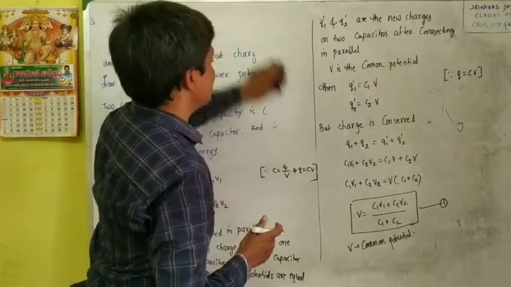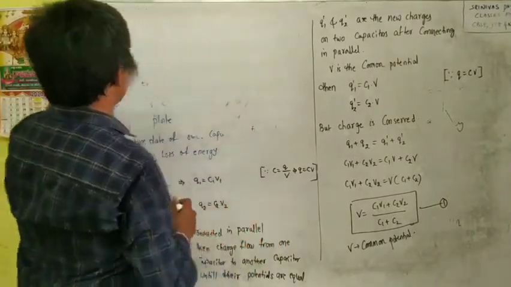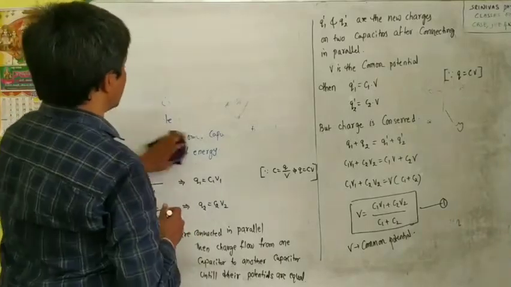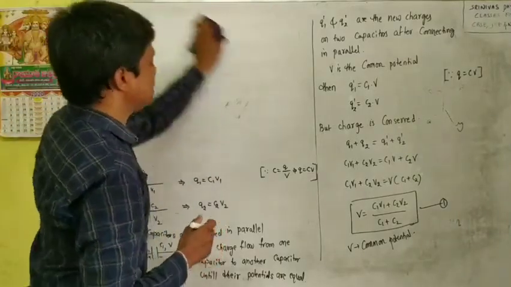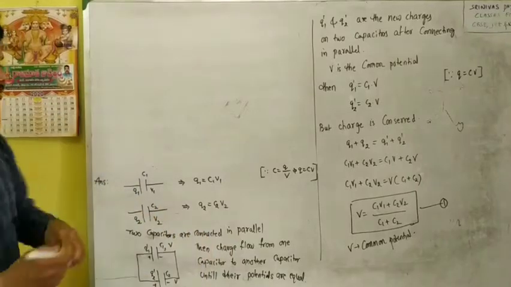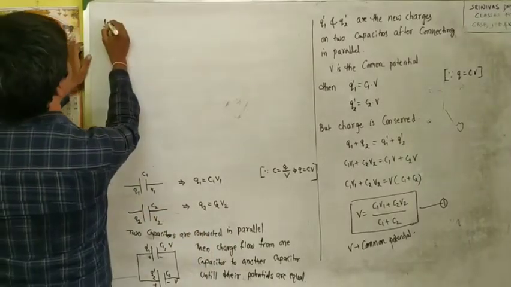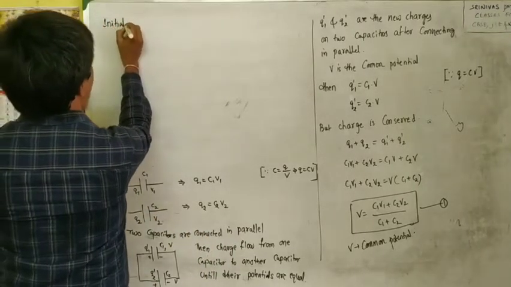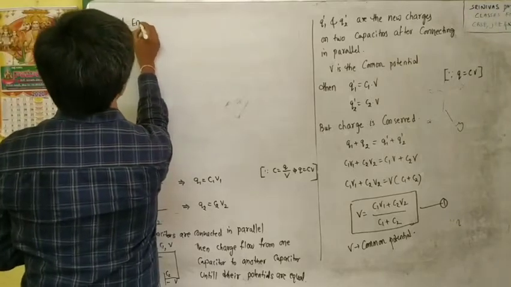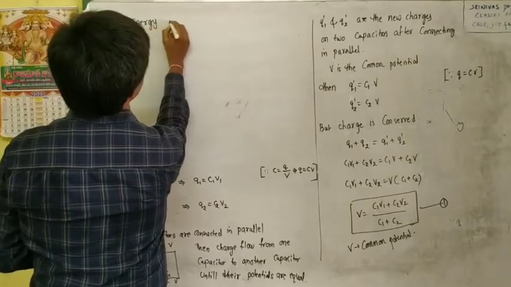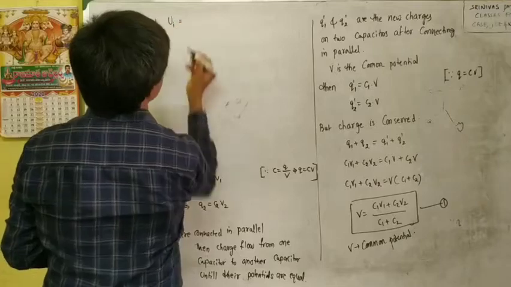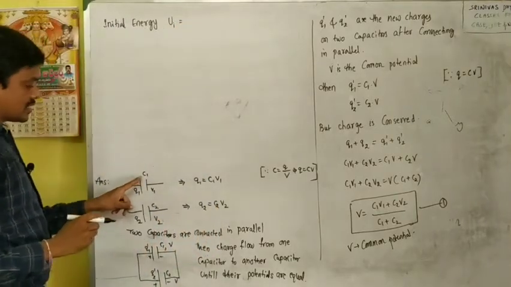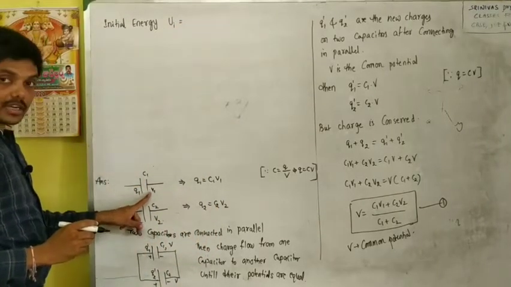Let us see. Before connecting the two capacitors in parallel, we can find the initial total energy. Initial energy is Ui, the energy stored on the first capacitor with capacitance C1 and potential V1.